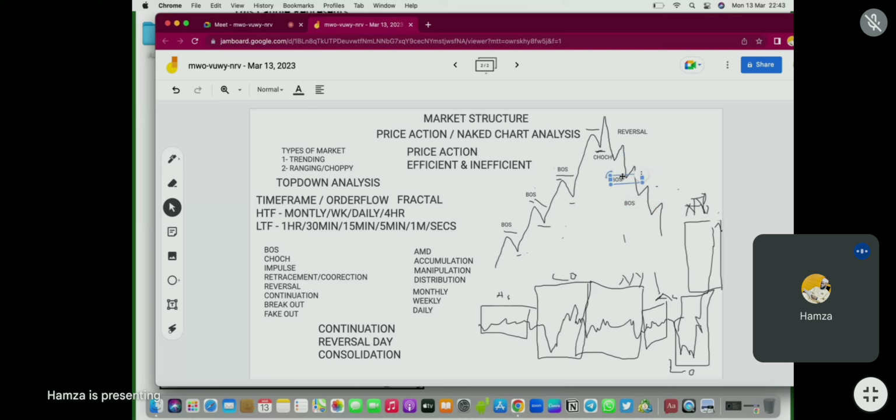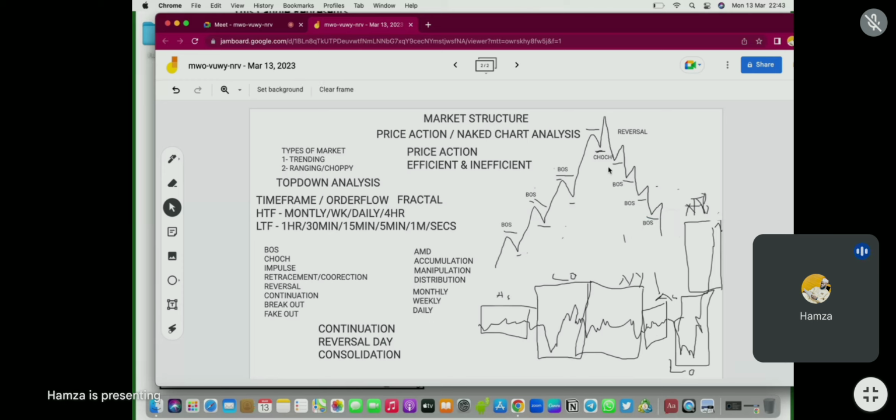This is BOS. I'll draw the line now. Now look at it. BOS, BOS, BOS, BOS. See how simple it is? You see? BOS.